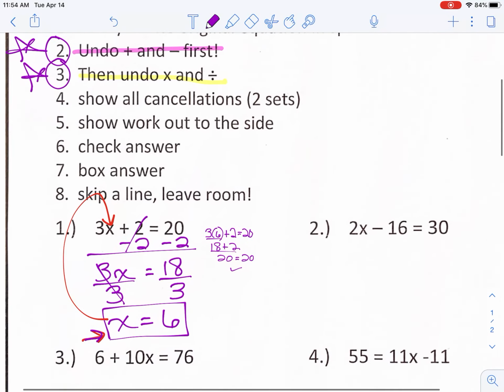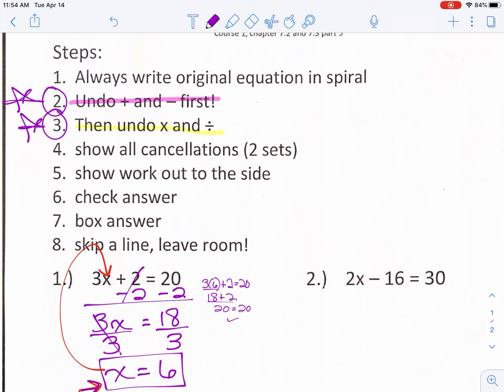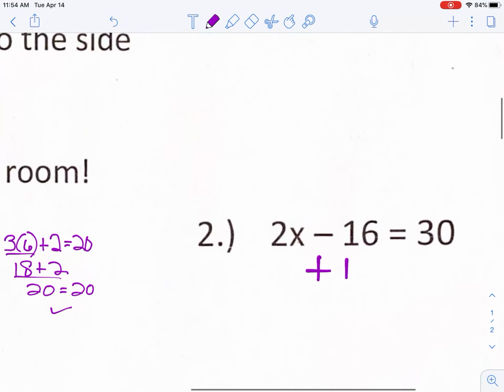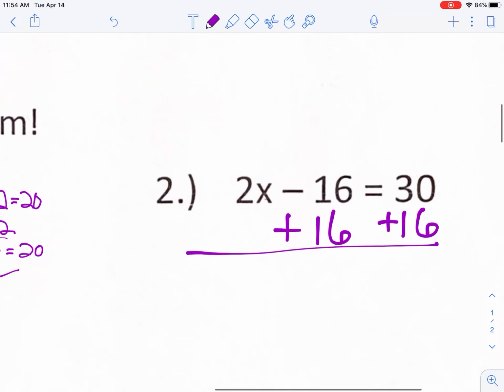Okay. We'll move over to number 2 and do it again. Reviewing your rules, undo addition and subtraction first. So if it says 2x minus 16, the inverse of subtracting 16 would be adding 16. And again, we do the inverse so that they cancel each other out.